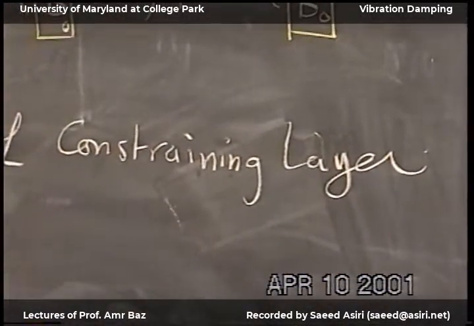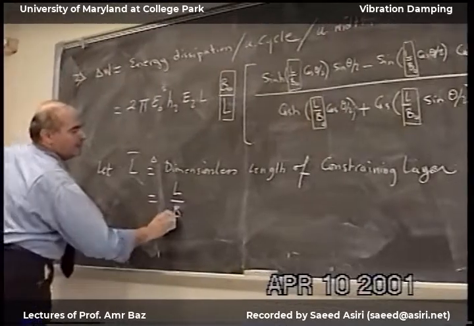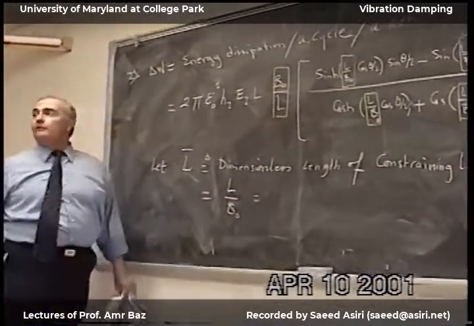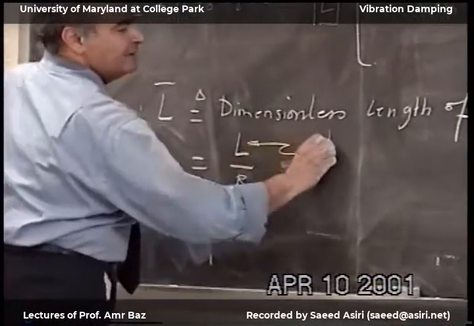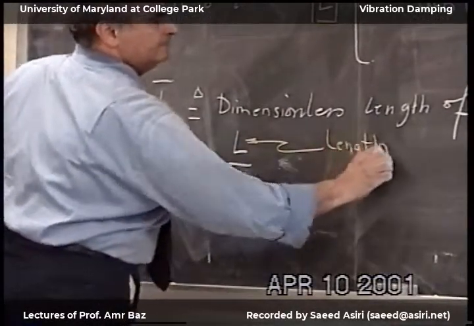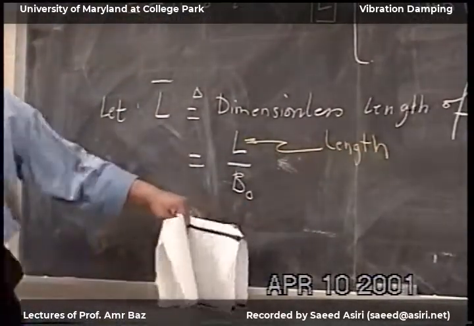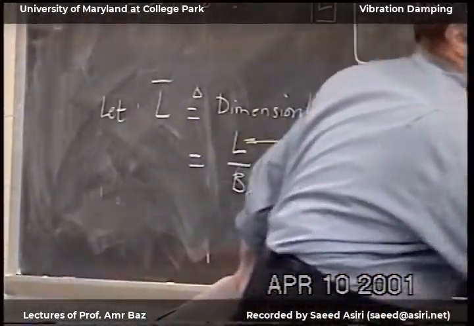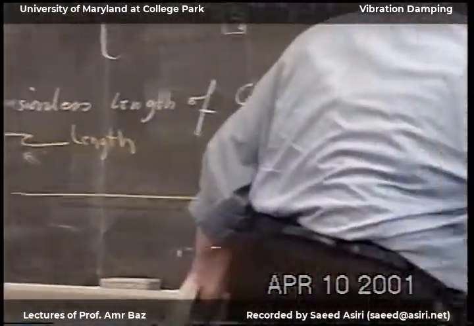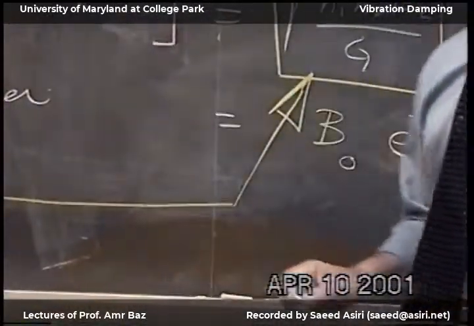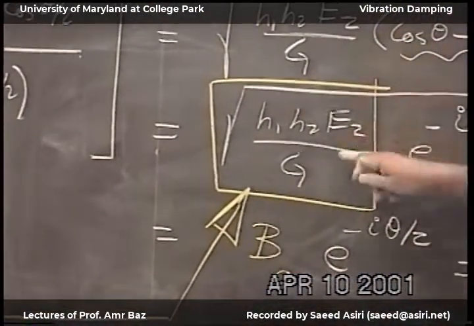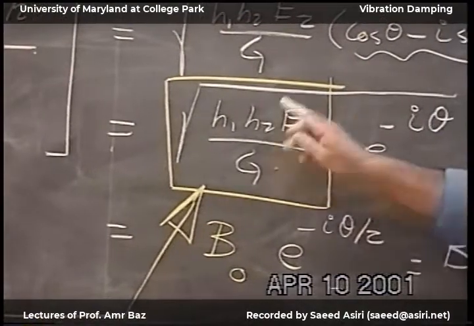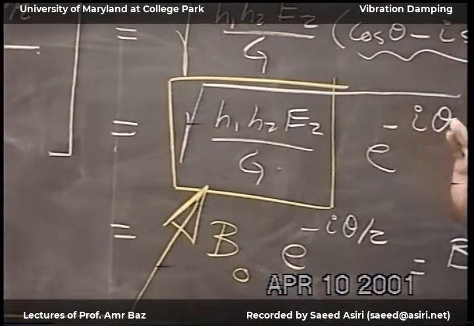Because this L over B0, this is length. B0 is right here. This is the Young modulus of the top layer, and the real shear modulus of the viscoelastic.